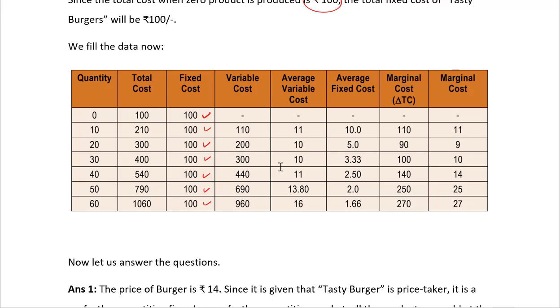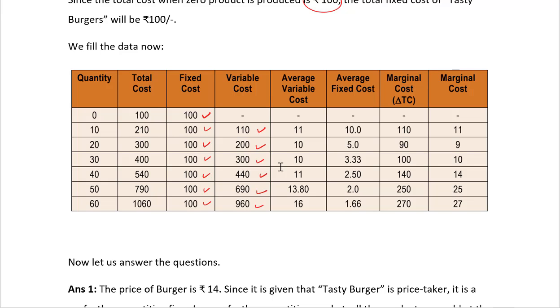This is the total cost: 210 minus 100, so variable cost would be 110. 300 minus 100, it would be 200. 400 minus 100, it would be 300. 540 minus 100, it would be 440. 790 minus 100, 690. 1060 minus 100, 960.